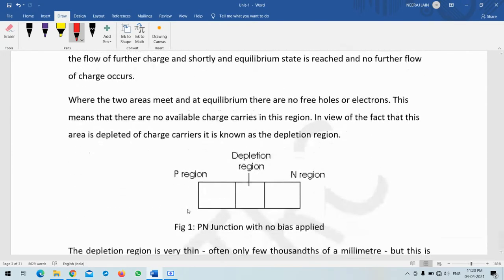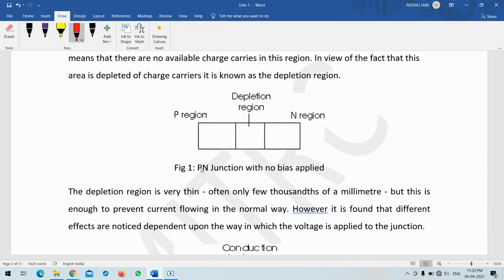Now we will see what happens if we put a P and N junction nearby and no charge is applied. Suppose it is the P and N, and we apply no bias across the two terminals of the PN junction. No voltage is applied.